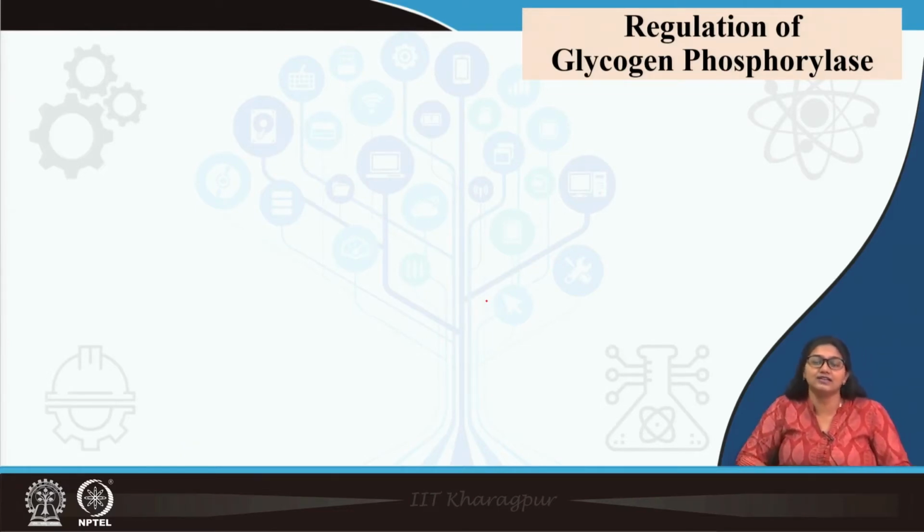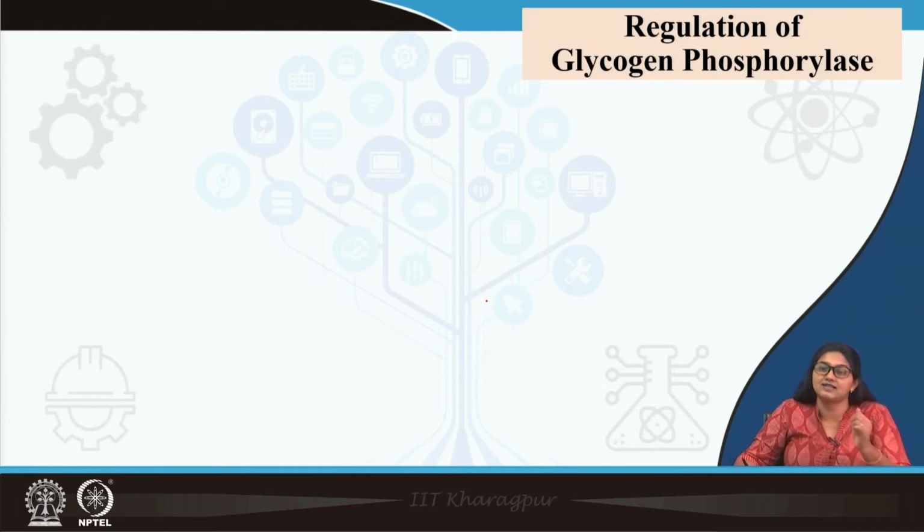Before starting the discussion, I would like to highlight some points about glycogen phosphorylase. It is a very important enzyme with respect to history. Remember, this is the first enzyme where allosteric activity was explained, so this is the first allosteric enzyme discussed.